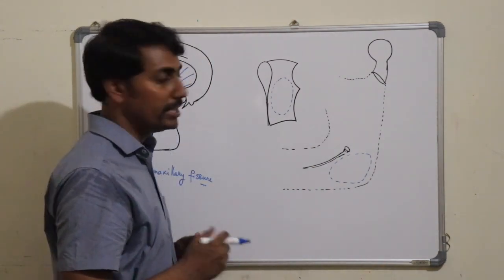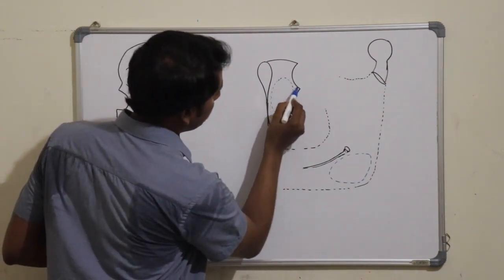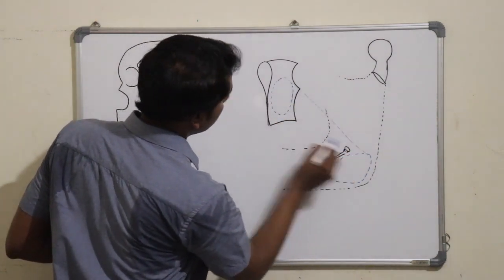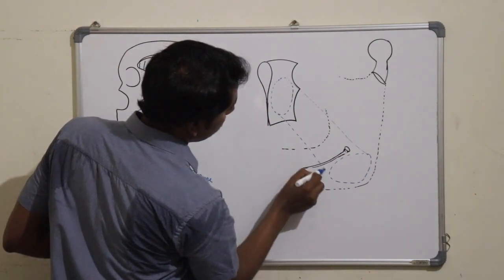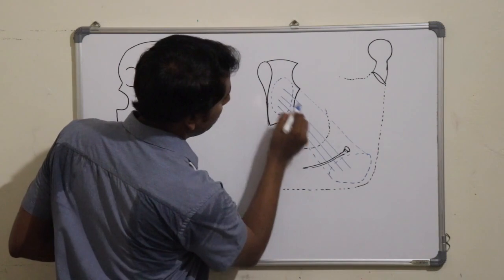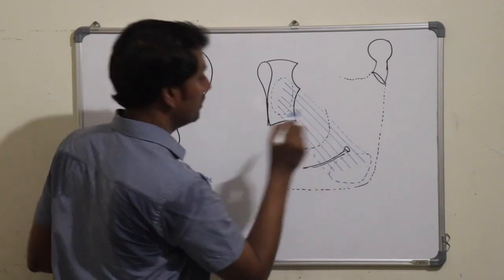So if you draw the deep head by joining these two areas, these would be the fibers of the deep head of the medial pterygoid muscle.